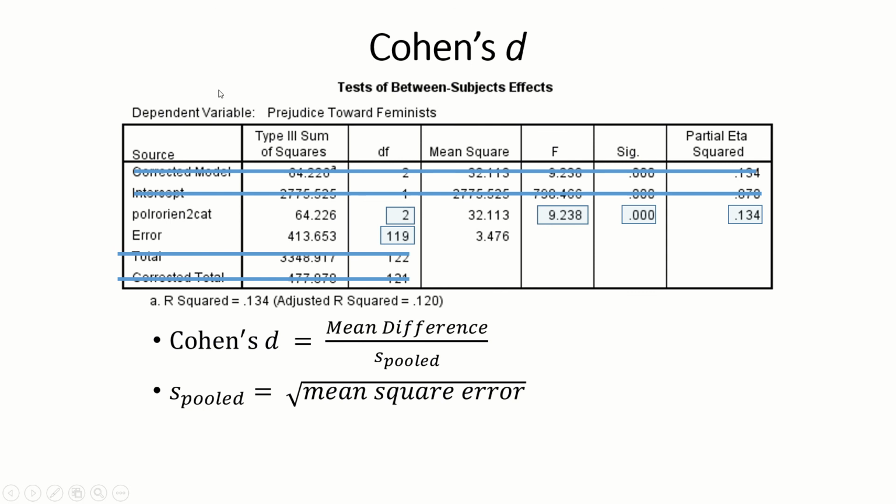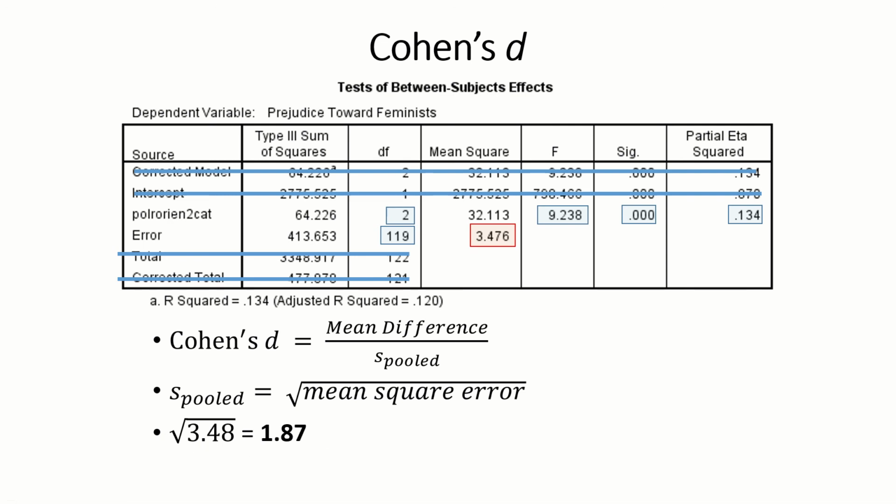I'll give you a second to try to find the mean square error in this table. We find the mean square column, and then we look in the error row. Mean square error here is 3.48. If we take the square root of 3.48, that gives us our S pooled value of 1.87.